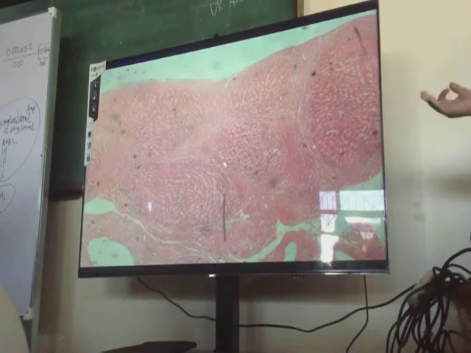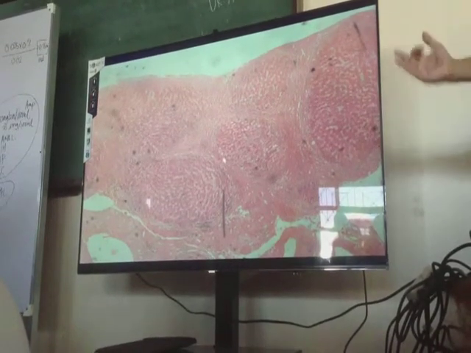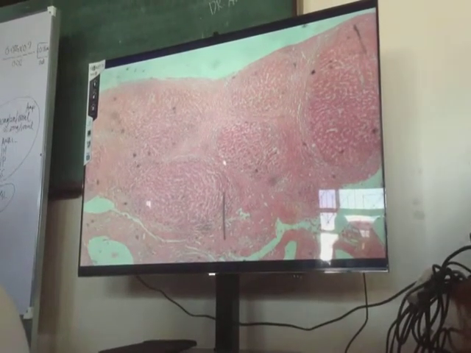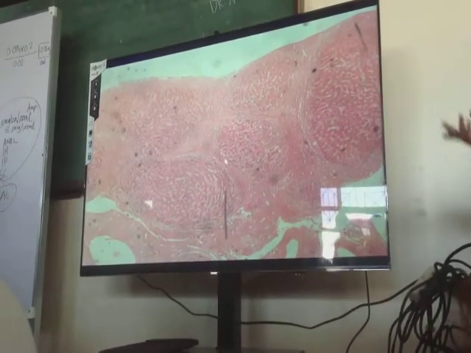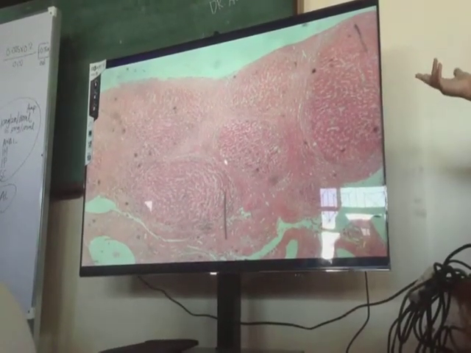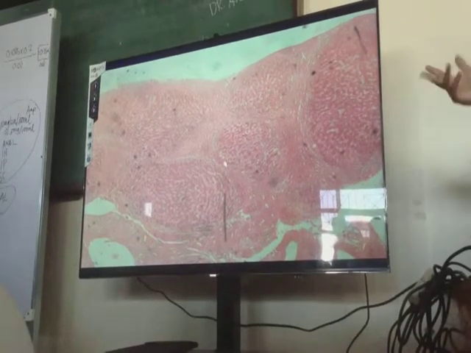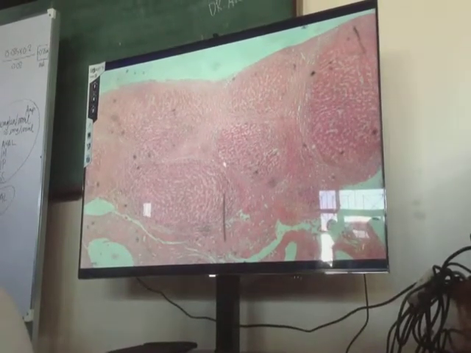So the obstruction of bile flow and the fibrosis that will eventually develop. So we can no longer diagnose sclerosing cholangitis in this slide, but the end result of sclerosing cholangitis, which is cirrhosis.